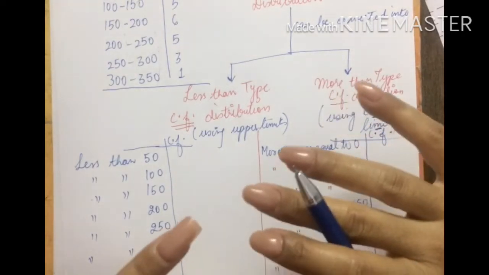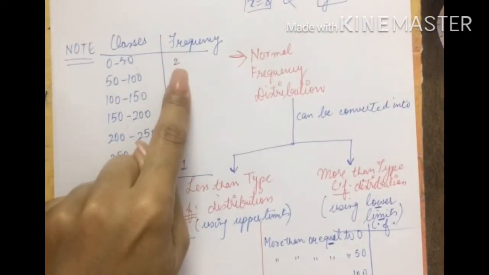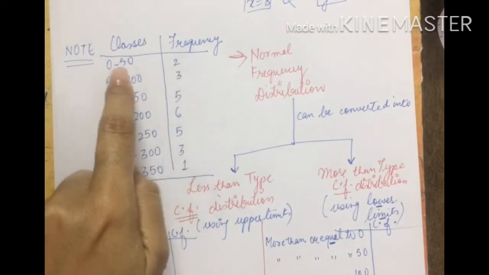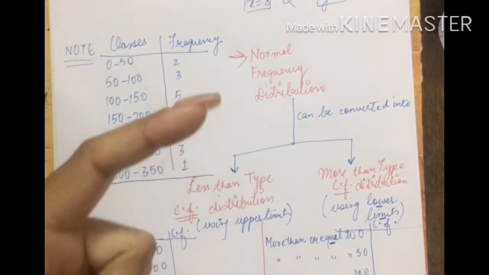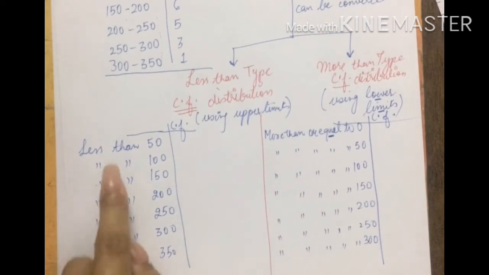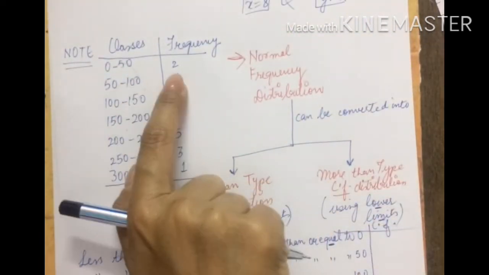Now what this means is, if we have been given that these number of observations belong to these class intervals, there are 2 observations in the class 0 to 50, 3 observations in the class interval 50 to 100, 5 observations in the class interval 100 to 150. So when we write it in this form, this means I want to know how many observations are less than 50. The observations which are less than 50 are 2.